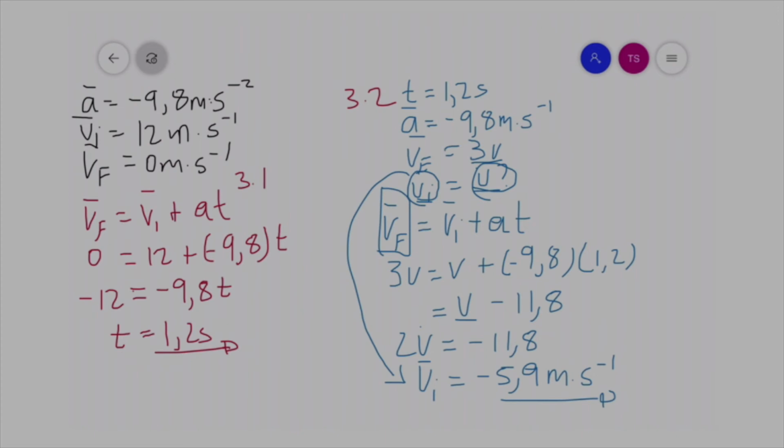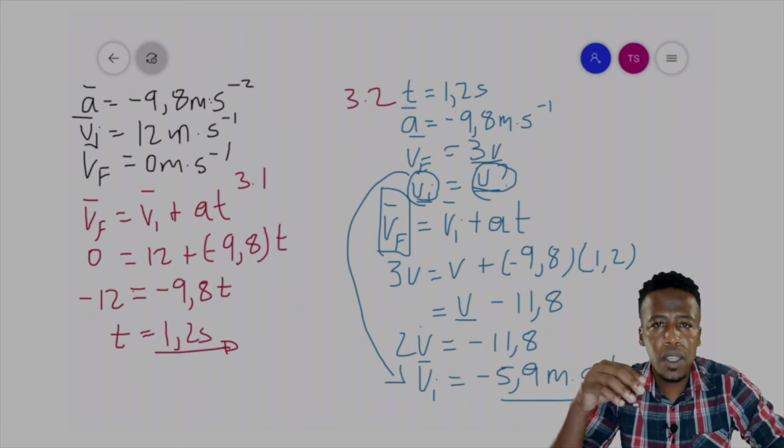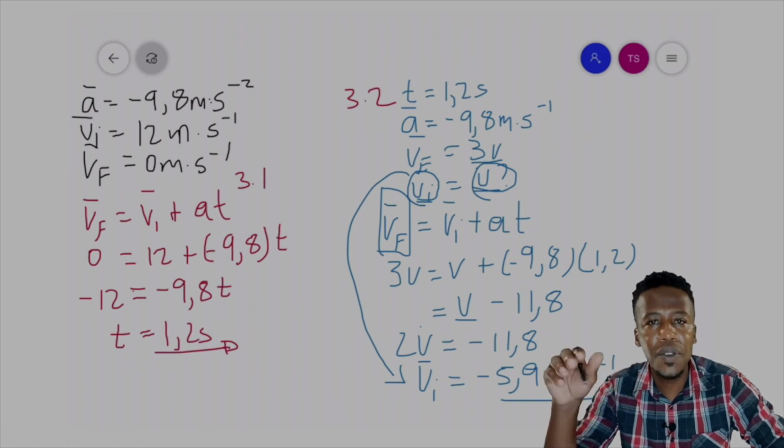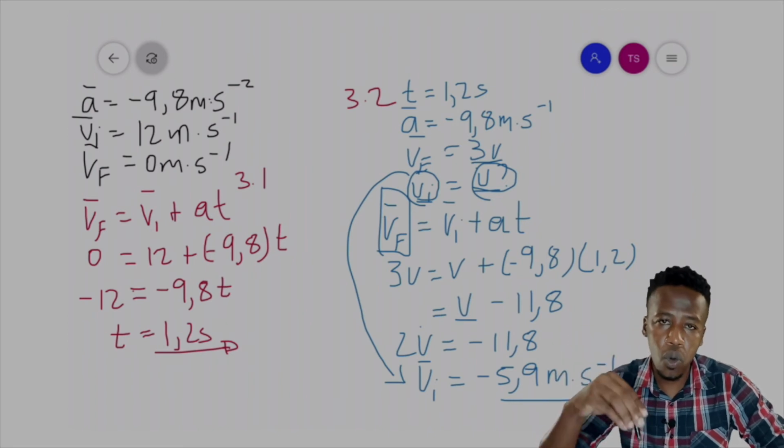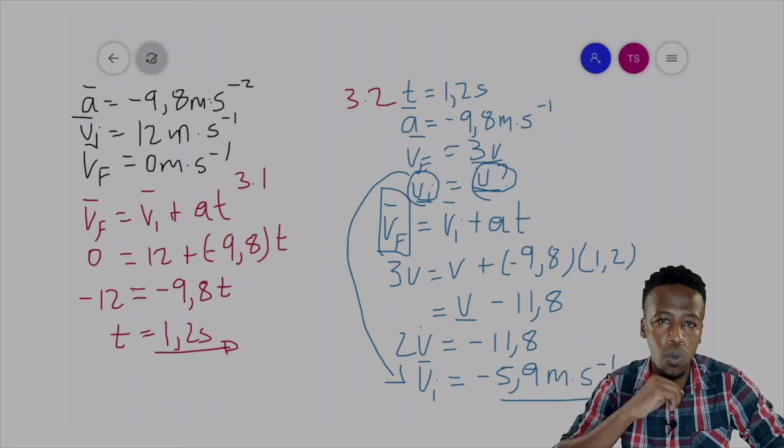Now as the stone leaves the hand of whoever threw it, it leaves at the speed of negative 5.9 meters per second, which is 5.9 meters per second towards the ground or downwards.